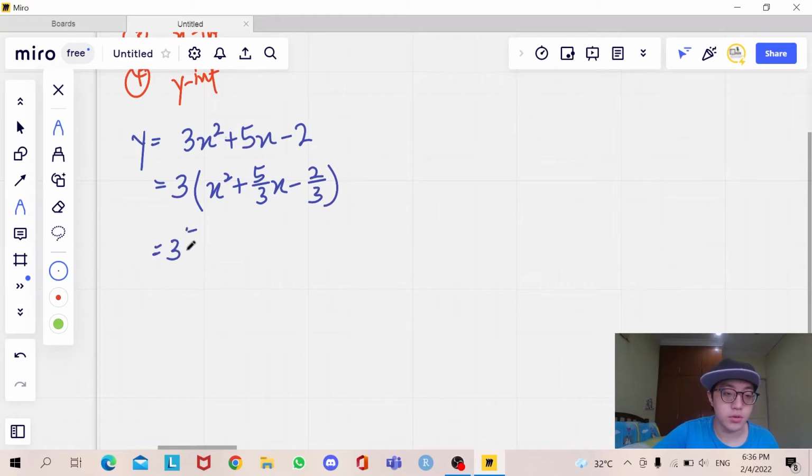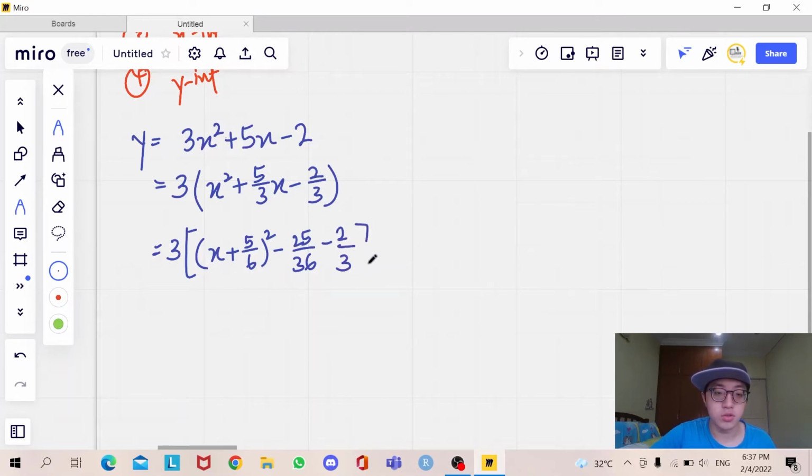Then you start to create your square bracket, and then coefficient of x divided by 2, which is 5 divided by 6, squared, always minus the squared number here, 25 divided by 36, bring down the constant here, minus 2 over 3. This will be equivalent to x plus 5 divided by 6 squared minus 49 over 36.